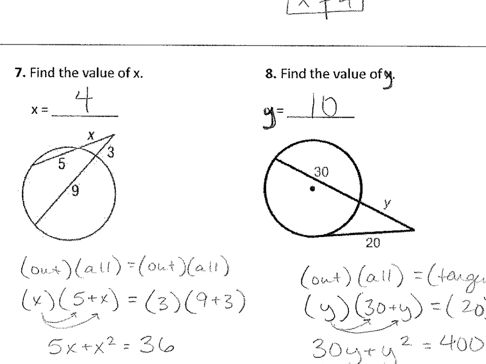So if we highlight this one just to make sure we understand, the outside part of the top secant line is x, which means the whole thing or all of it is 5 and x. For the second segment, the outside part is 3. And all of it is 9 plus 3.